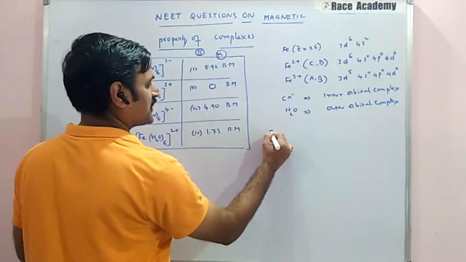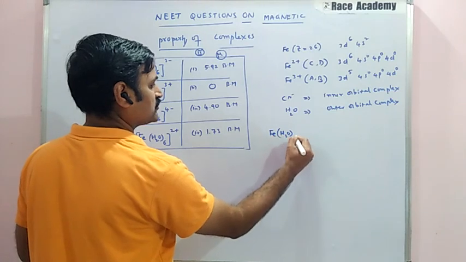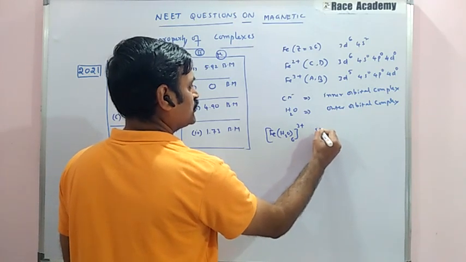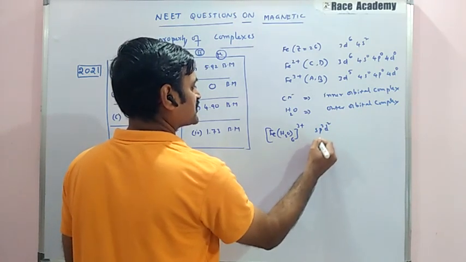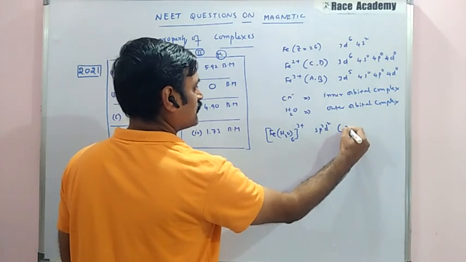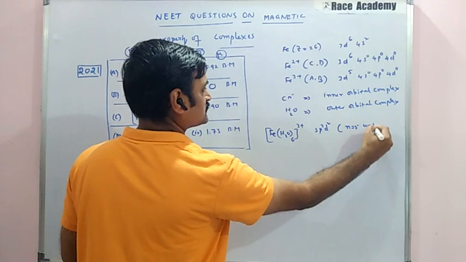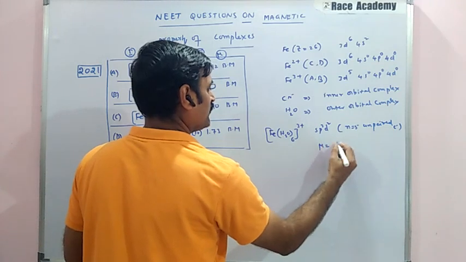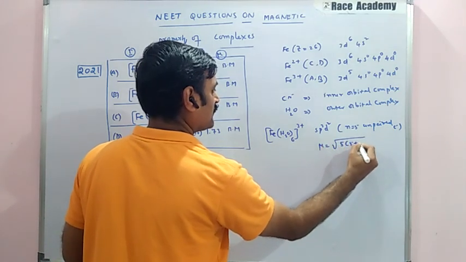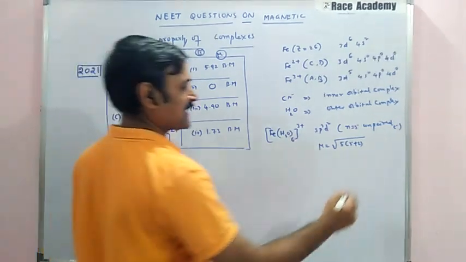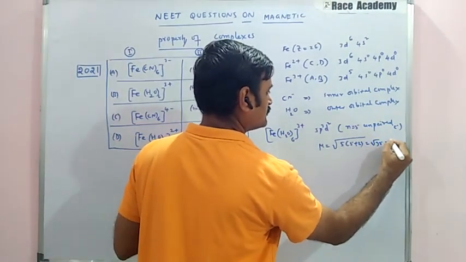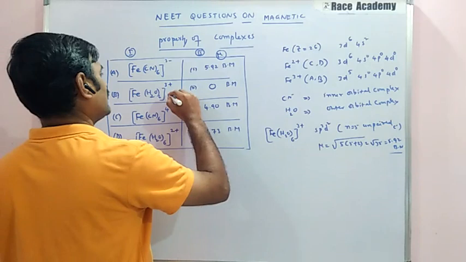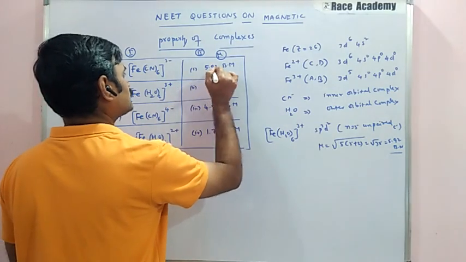Fe(H2O)6 3+ has a d5 configuration, uses sp3d2 hybridization, and has 5 unpaired electrons. So mu is root of 5 into 5 plus 2, using the square root of n into n plus 2 Bohr magneton formula. It gives root 35, which is 5.92 Bohr magnetons. So B is 5.92.